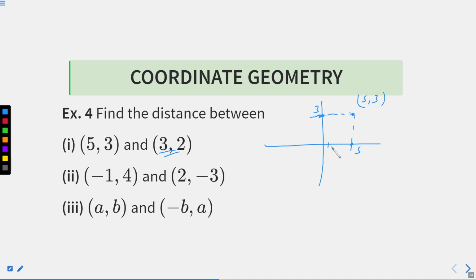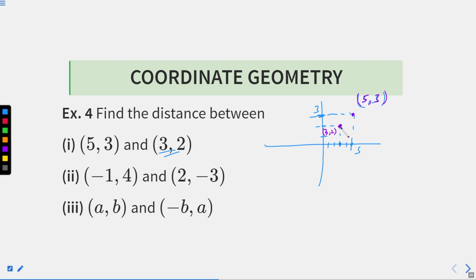Now 3, 2, 1, 2, 3, 4, 5. So here is 3, 1, 2. So here. Okay. Now this point (5, 3), and here this point is (3, 2).